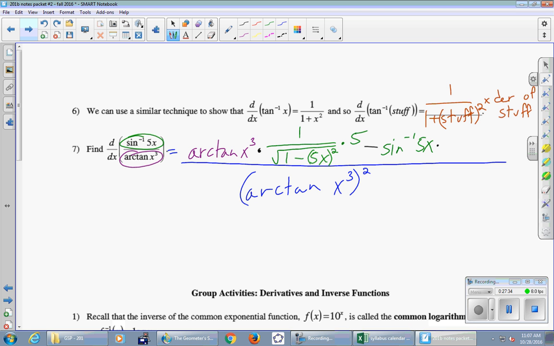So what does it become? 1 over, yeah, so I'm going to write x cubed squared. Here we could write x to the sixth. So that's 1 over 1 plus the stuff squared. And then times.